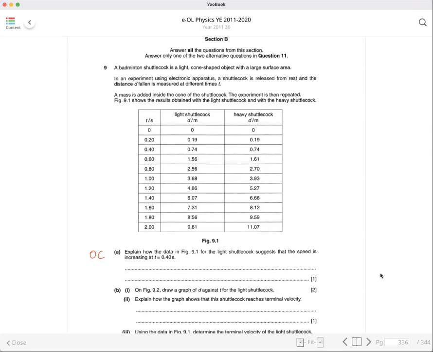Ryan, well done. But can you be a bit more specific? For 1 mark, I'll give it to you. You can be more specific by explaining how the distance per time interval increases.